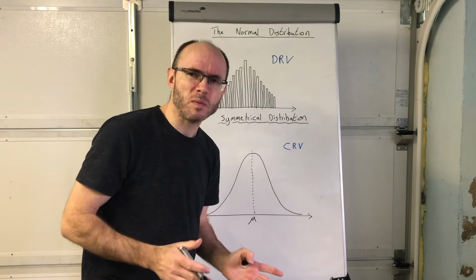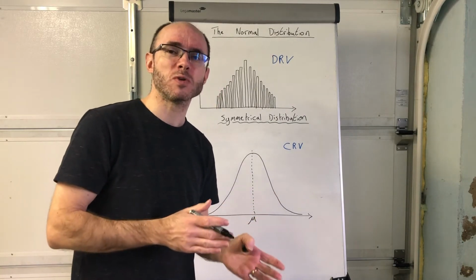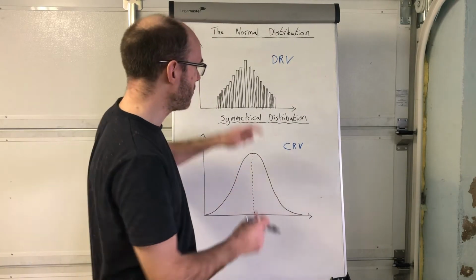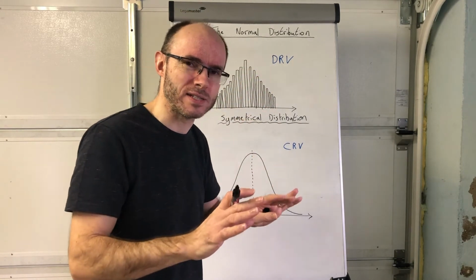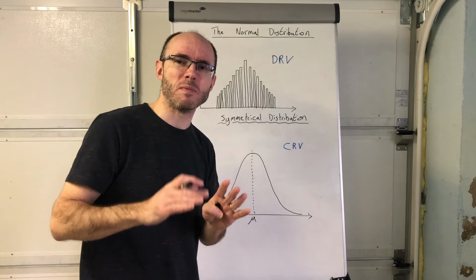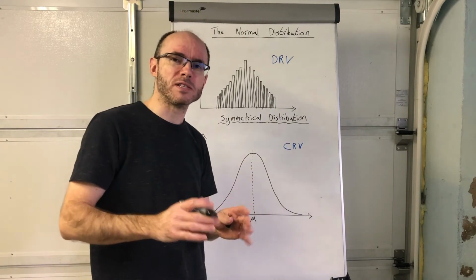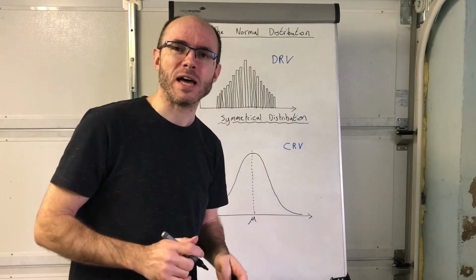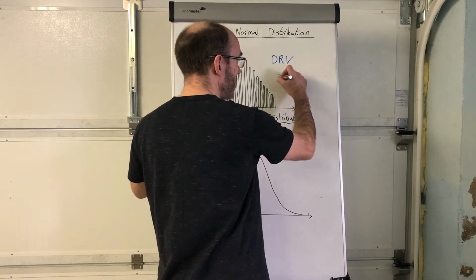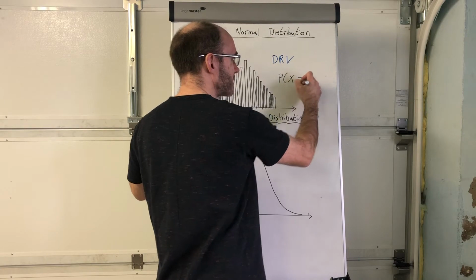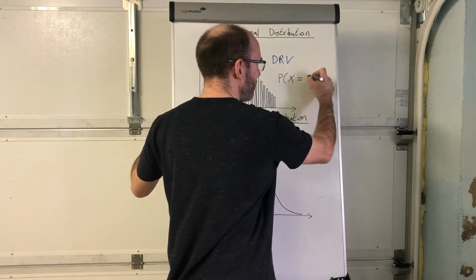Now, normal distributions help us to calculate probabilities. Before I say goodbye to my discrete diagram, because we're not talking about discrete data, let me just illustrate a point about probability. With discrete data, we're often looking at the probability that x takes a particular value. For example, the probability that x is, let's say, 5.